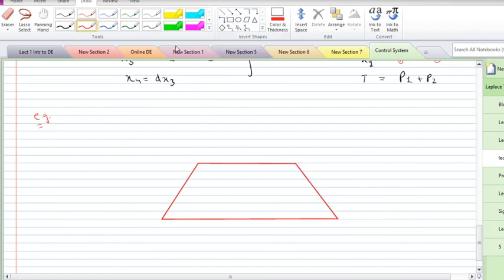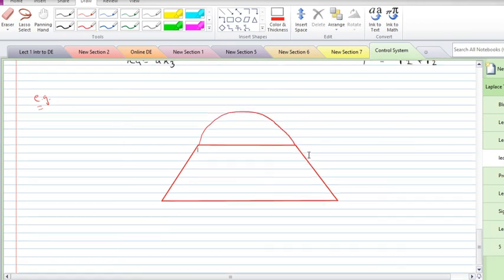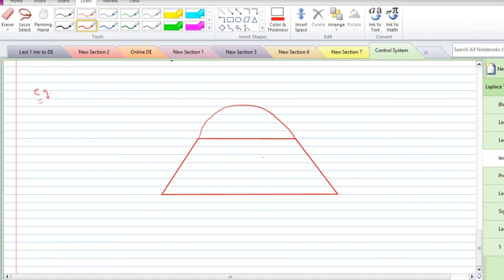Then I have to draw a freehand curve here and a curve at this position. Let us suppose this is having direction like this and this is having direction like this. This path has direction like this, and this path has the direction like this.